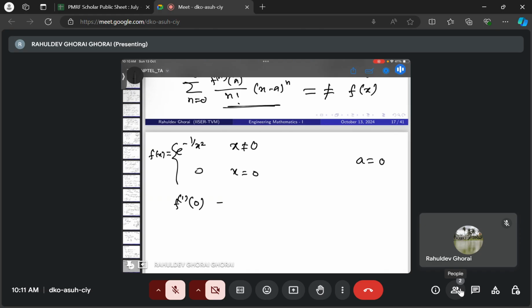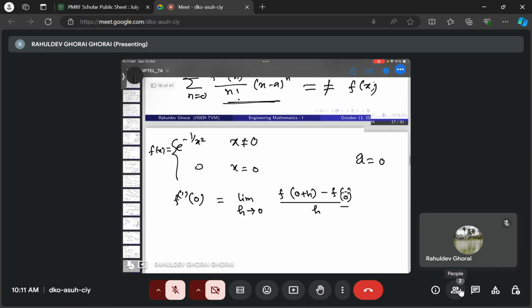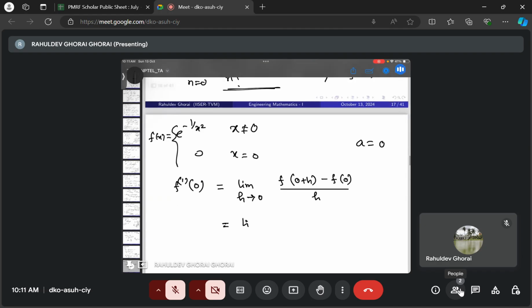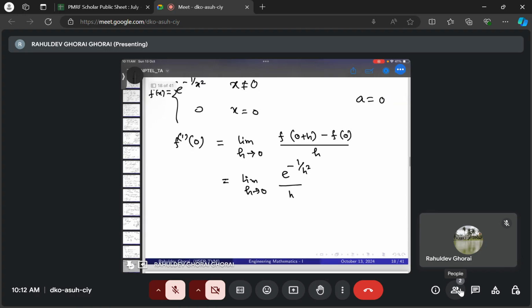So f1 of 0 will be the limit as h tends to 0 of f of 0 plus h minus f of 0, over h. That is equal to the limit as h tends to 0 of e to the power minus 1 over h square, since f at 0 is 0, all over h.